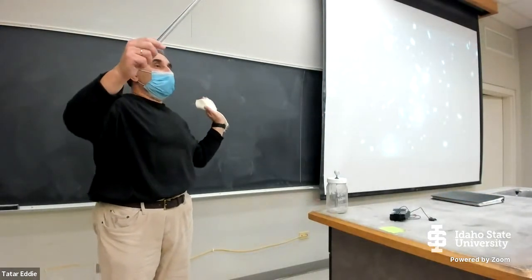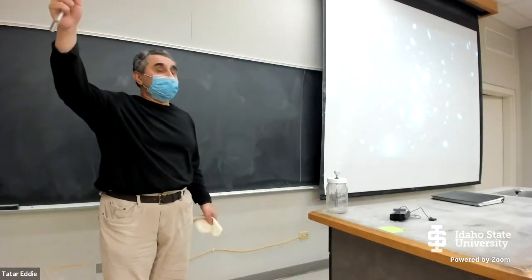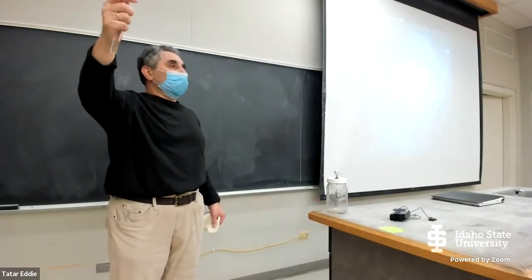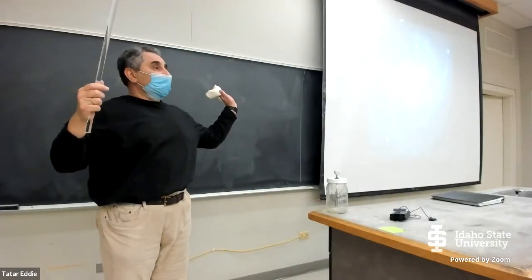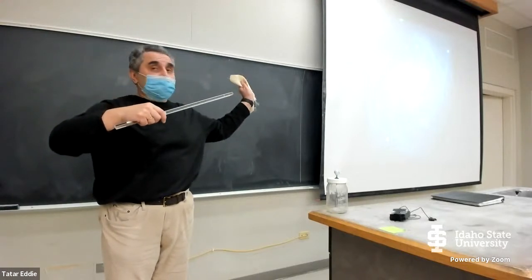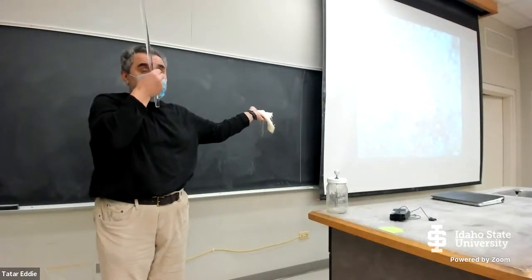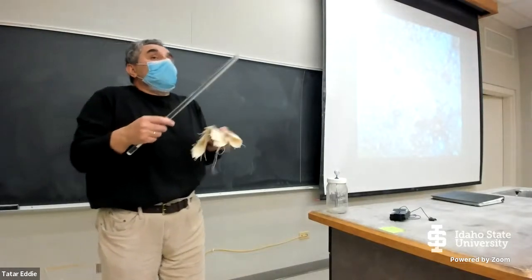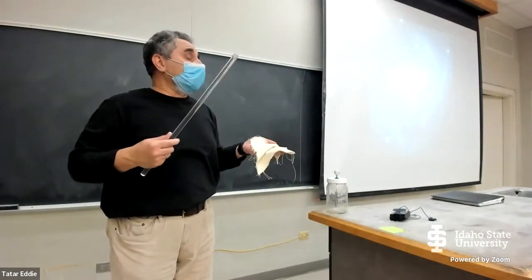As a result, there is a shortage of negatively charged particles on the plastic, and therefore a net positive electric charge on the plastic. In a similar manner, there is an excess of negative electric charges on the fabric, and therefore a net negative electric charge on the fabric. So this is one interpretation of what is going on in the process of rubbing.